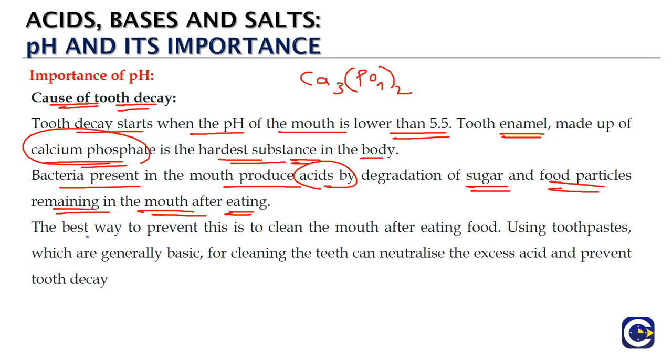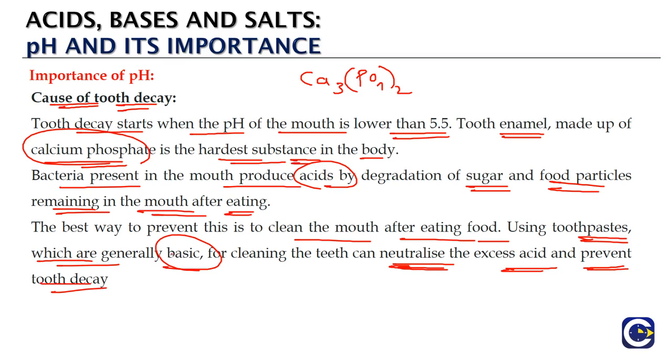The best way to prevent this is to clean the mouth after eating, and we can do this by using a toothpaste. Generally most toothpastes are basic in nature, and what essentially happens is that when we use a toothpaste, it performs a neutralization reaction. The excess acid produced by the action of bacteria is neutralized, and thereby we can prevent the decay of the tooth.